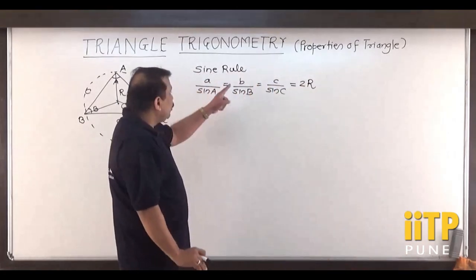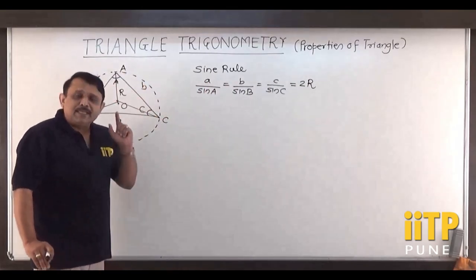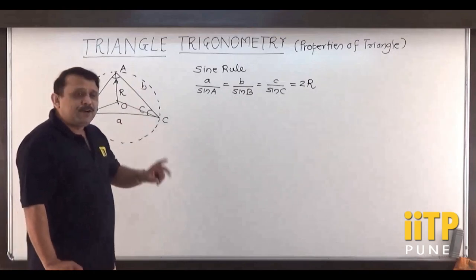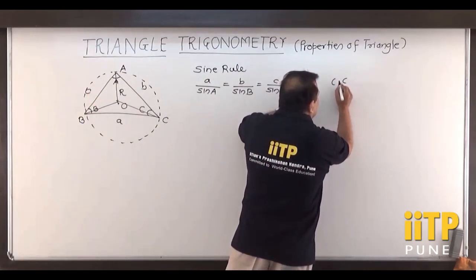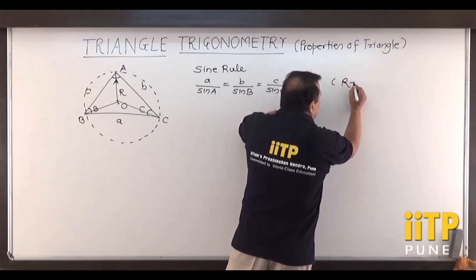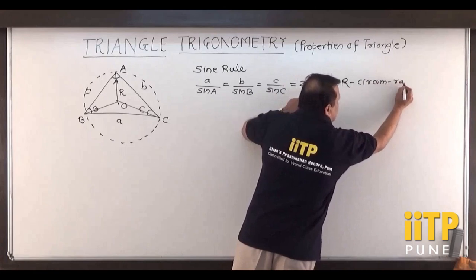So the sine rule is: a upon sine A is equal to b upon sine B is equal to c upon sine C is equal to 2R, where R is the circumradius.